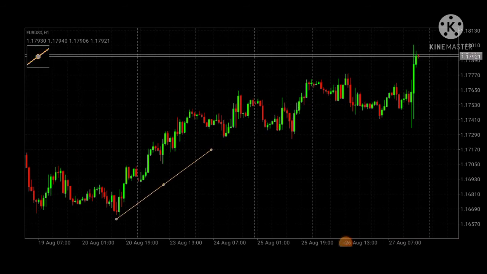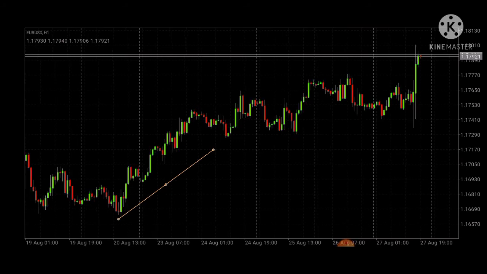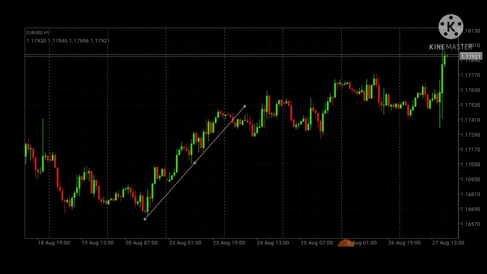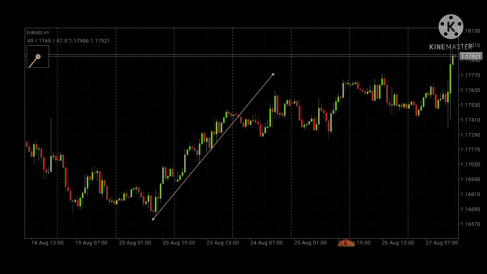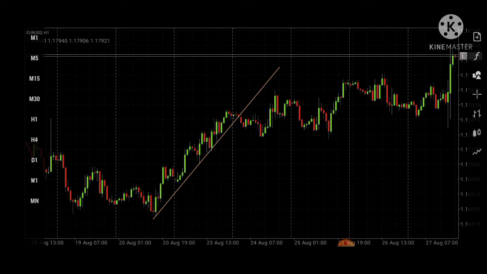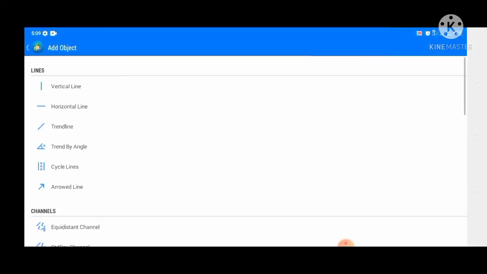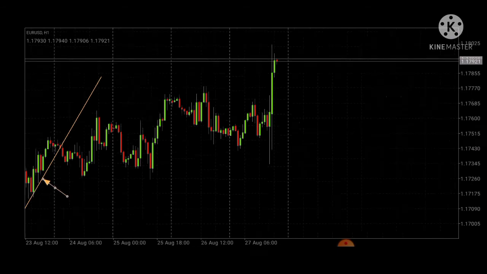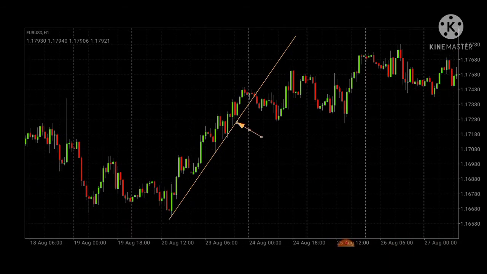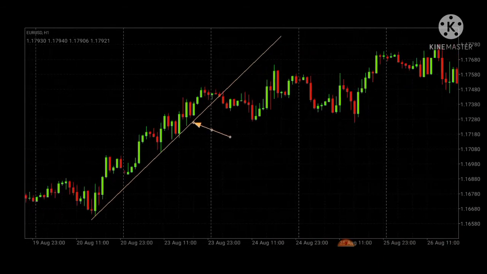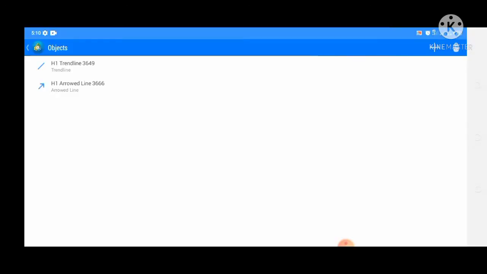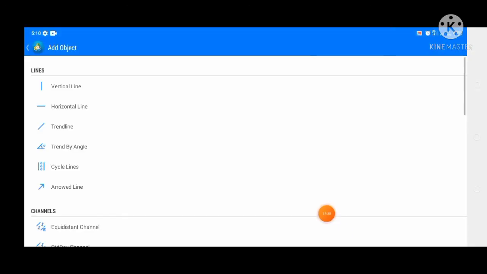So like I said, if you can join 2 to 3 resistance zones, the better. So I'm joining these ones together just to know my support zone. So obviously this has turned to support. All right, this is now my support zone. You can also use your horizontal line here.